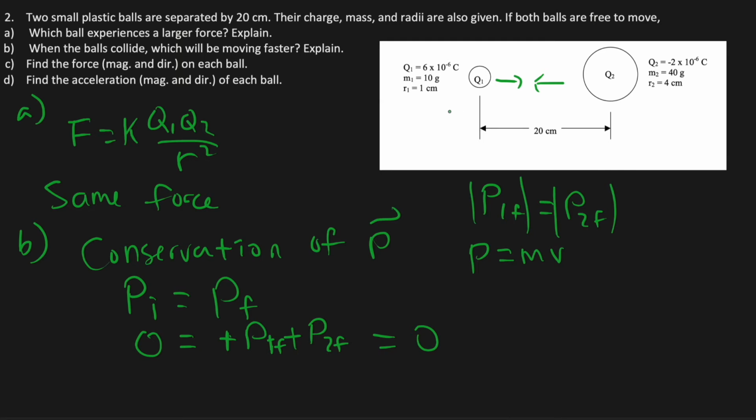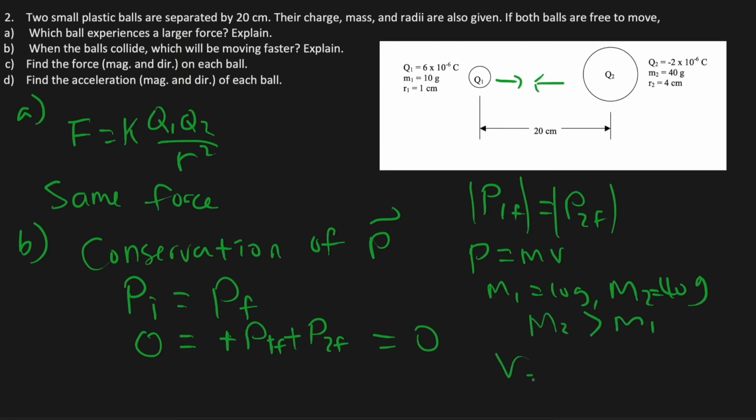Because charge 1 has a mass of 10 grams, and charge 2 has a mass of 40 grams, M2 is greater than M1, right?